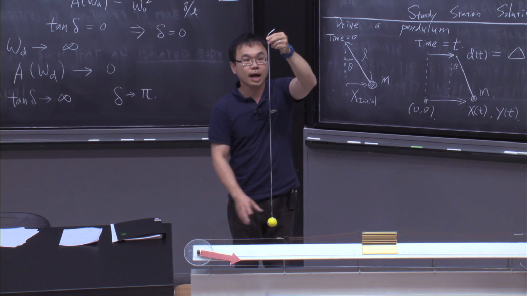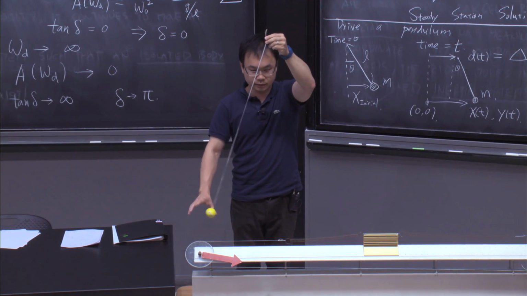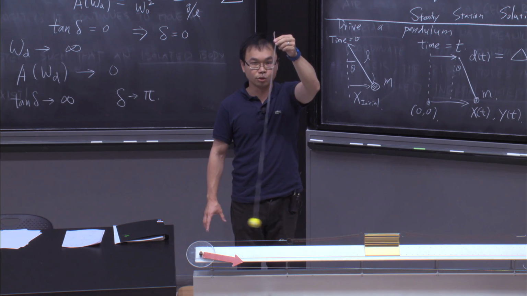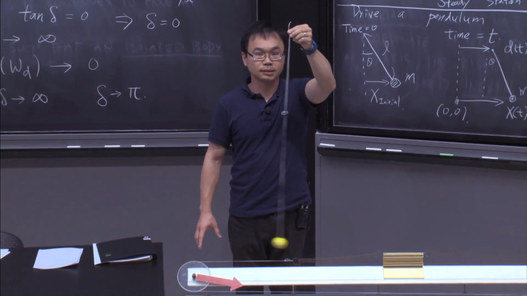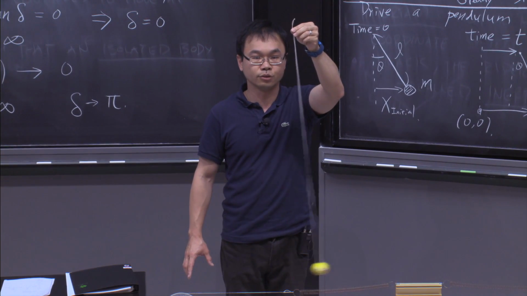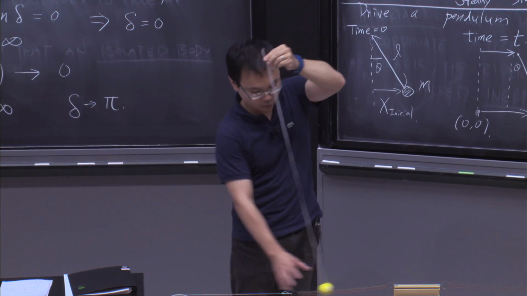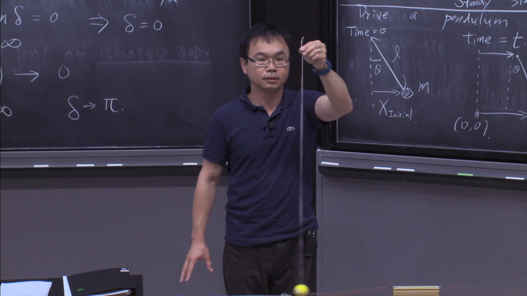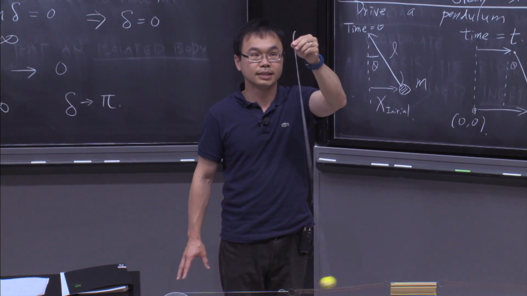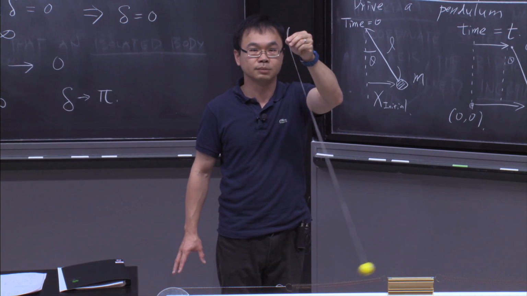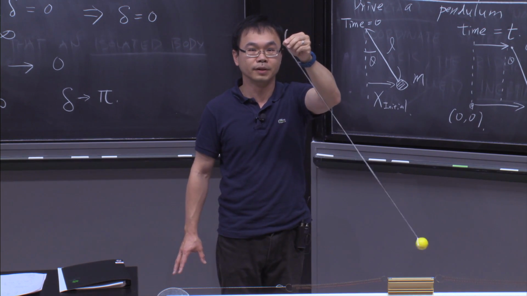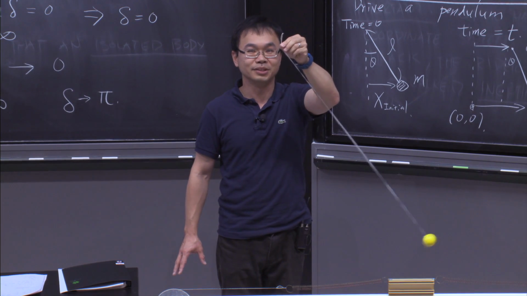Okay, so now I can also test what is actually the natural frequency, and what I'm going to do is to oscillate at around the natural frequency to see what is going to happen. Let's see. You can see that the delta is really small, right? Can you see the delta? It's very small.